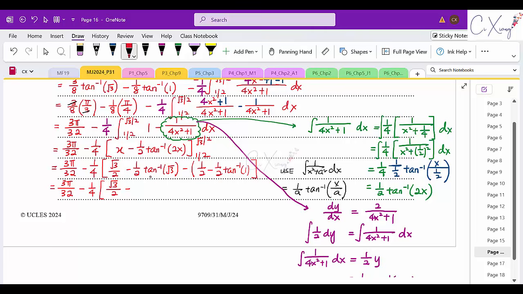Simplify all this, you have pi over 6, since 3 times 2 is 6. Then for this part, negative half plus half tangent inverse 1, you get pi over 4. So half multiplied by pi over 4, you should have pi over 8. So I directly write it as pi over 8.